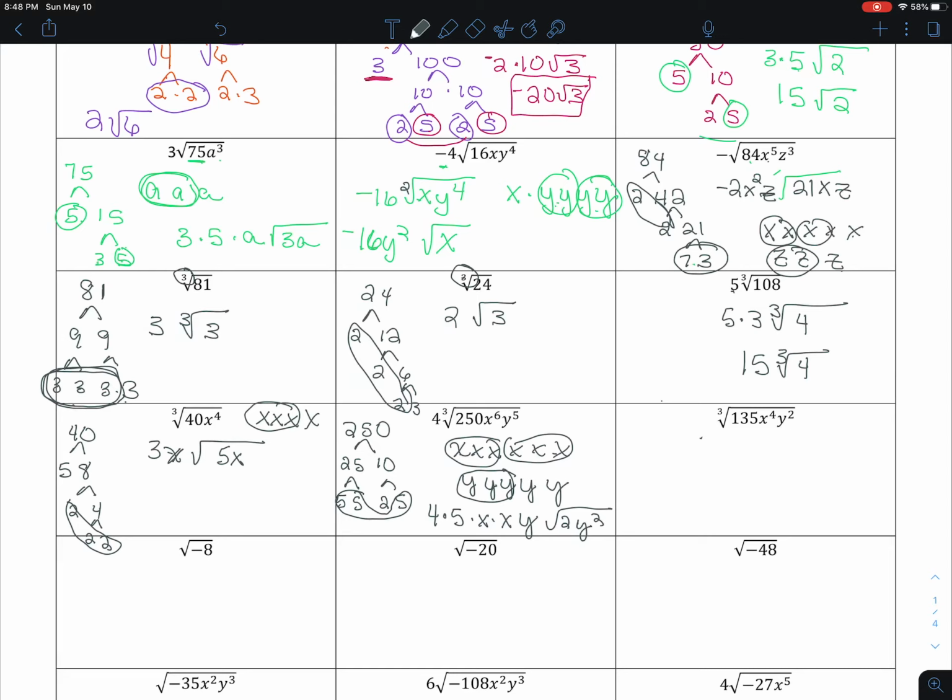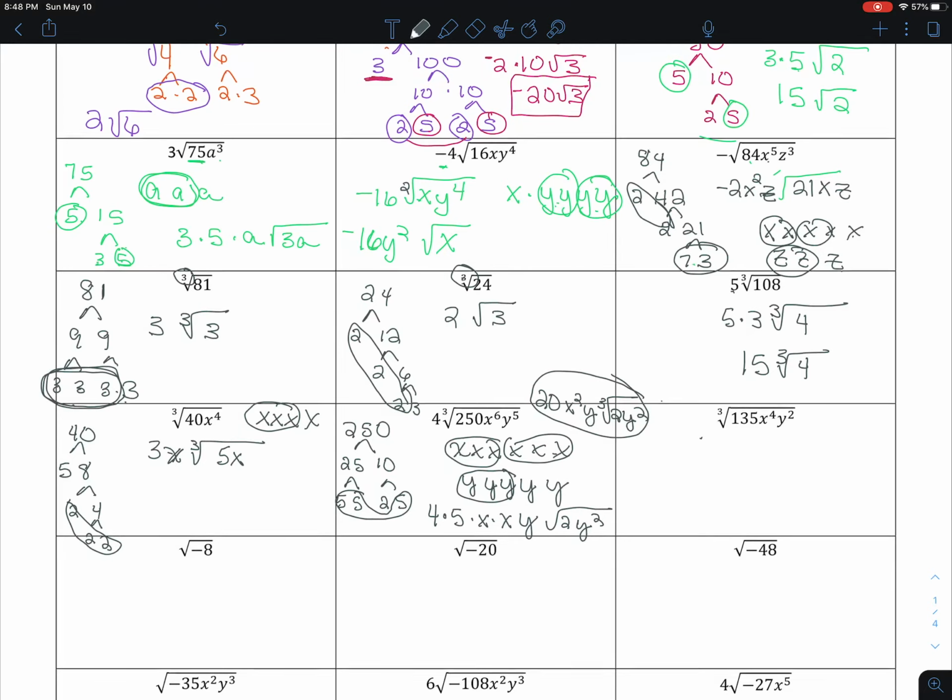So my answer is 20x squared y, the cube root of 2y squared. And my boxes are not nearly big enough. Sorry about that. But that's my answer.